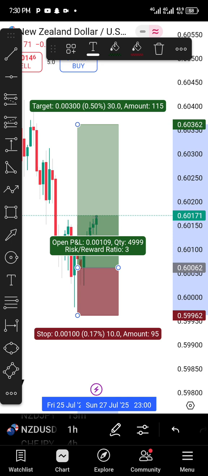Now if you have already actualized this, you can also see the risk to reward ratio at the middle of the green section. You're going to see risk to reward ratio, which is written as 3. The same thing as risking 1 to make 3, risking 10 pips to make a potential 30 pips. That's exactly what it means.